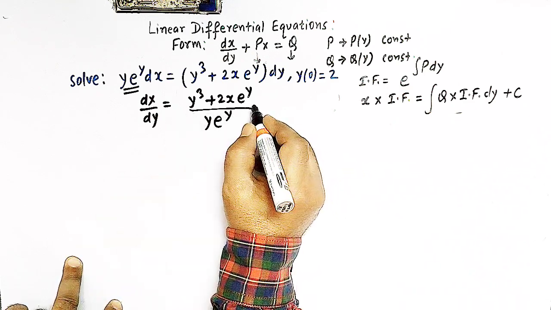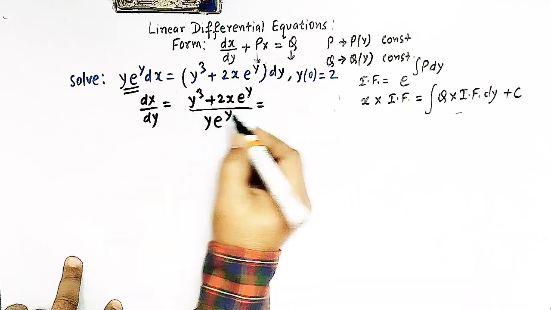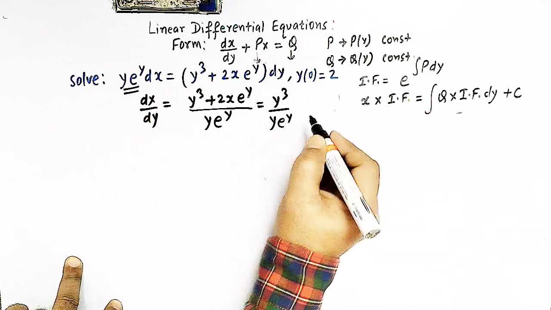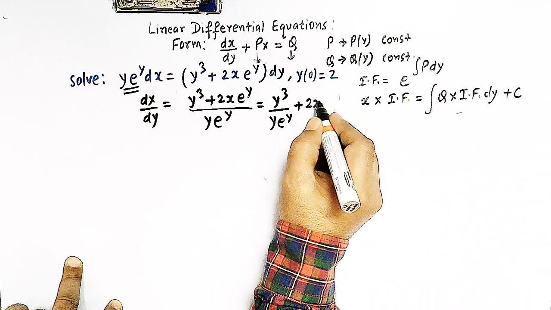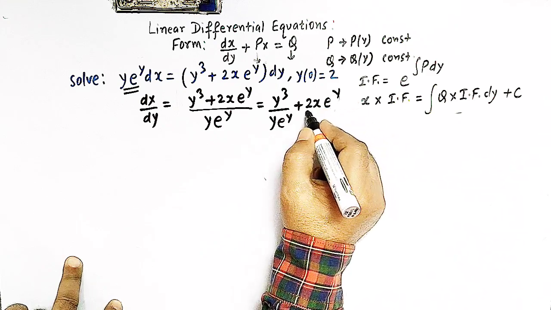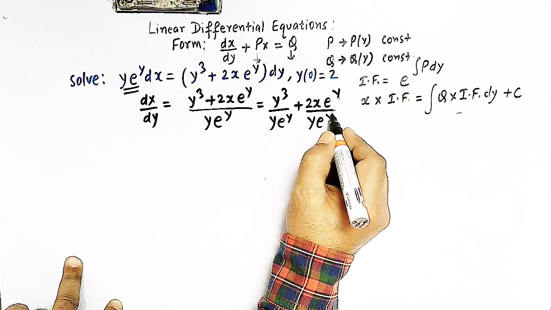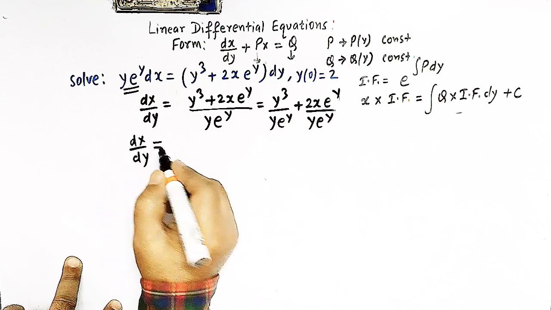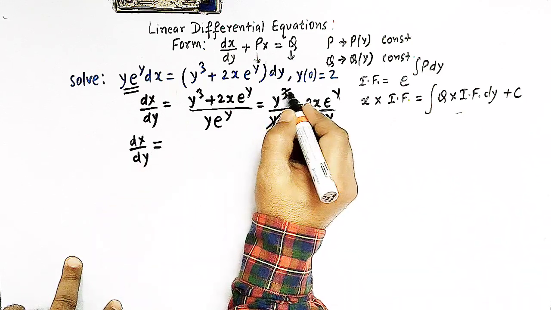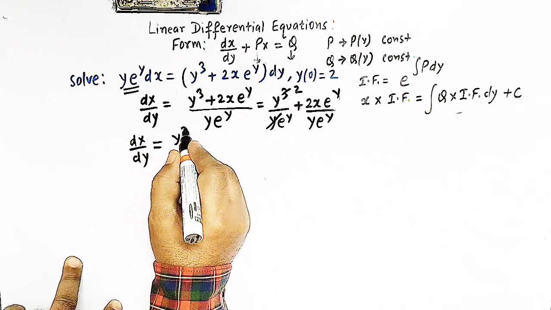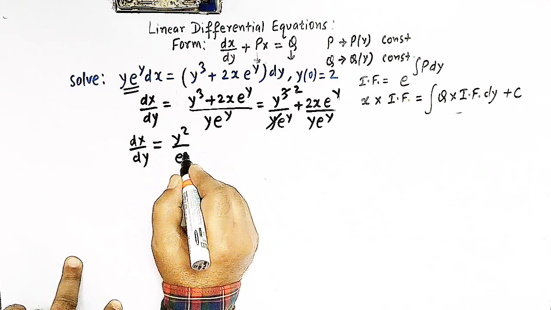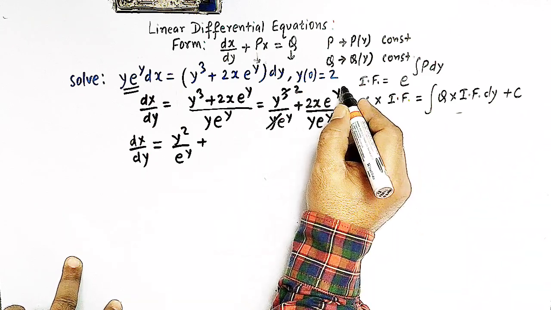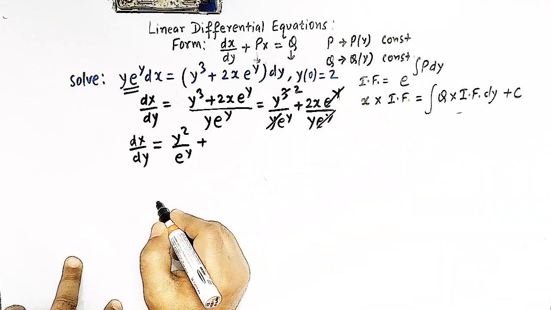And now from here we can write this equation as y cube over y e raised to y, and then we can write 2x e raised to y over y e raised to y. So now we can write dx over dy is equal to, here this y gets cancelled, and we have y square over e raised to y, and then we have here e raised to y and e raised to y get cancelled.